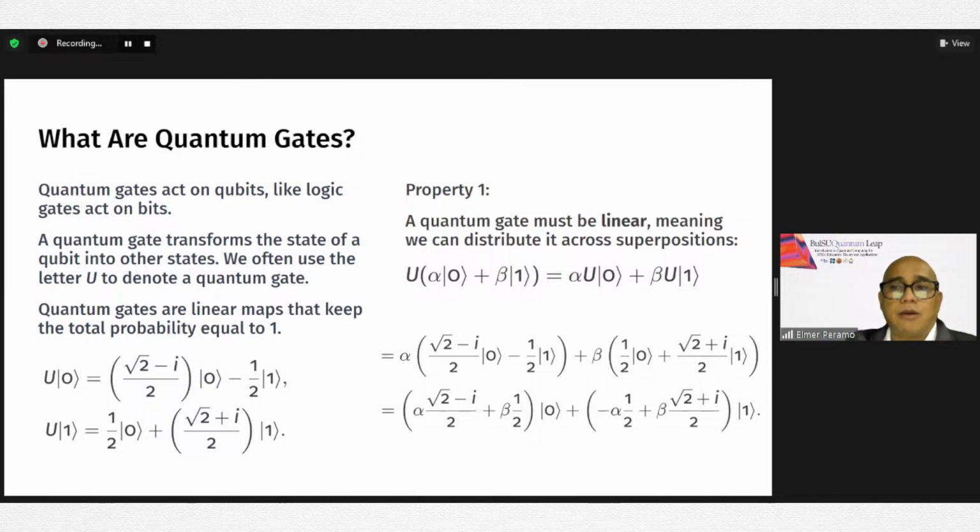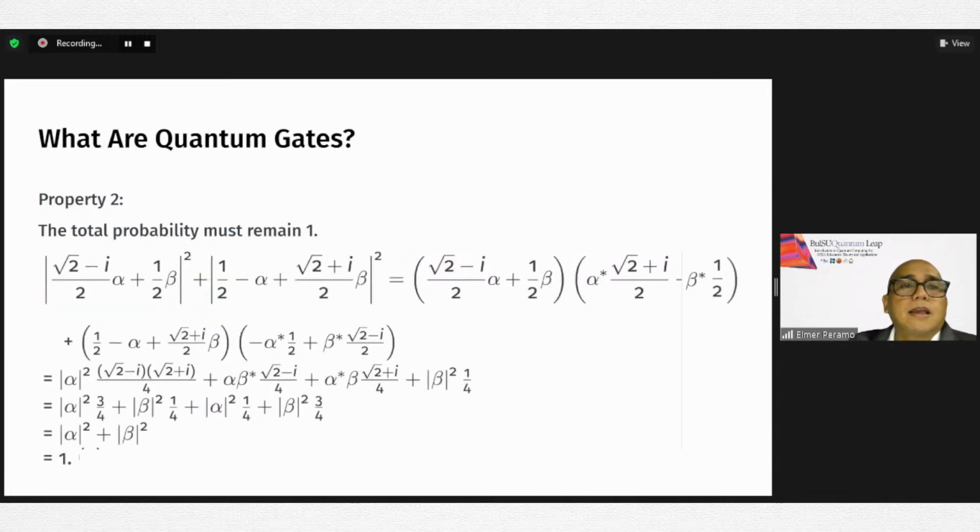yesterday we didn't use complex numbers. But now, since I have already introduced you to the Bloch sphere, and any point on that Bloch sphere is a valid quantum state, you can now subject them to quantum gates. We need to make sure that the total probability remains 1. So that's why I introduced you to the concept of unitary matrices.